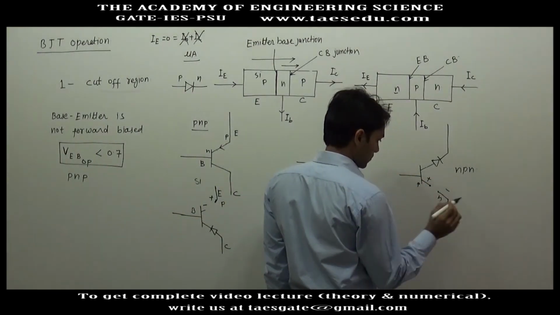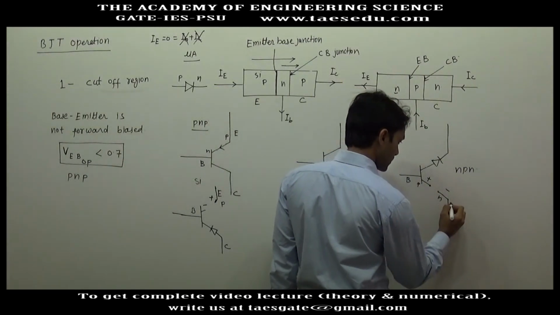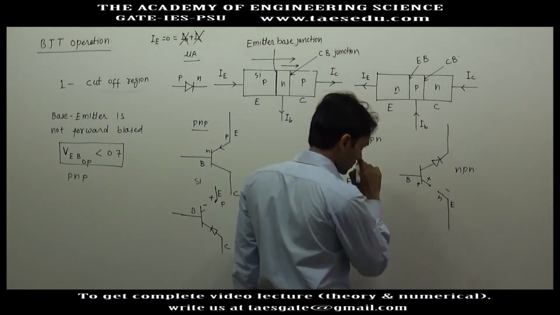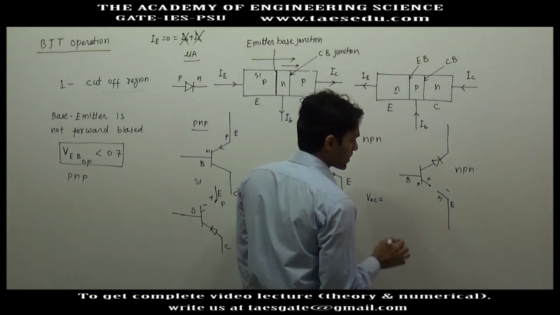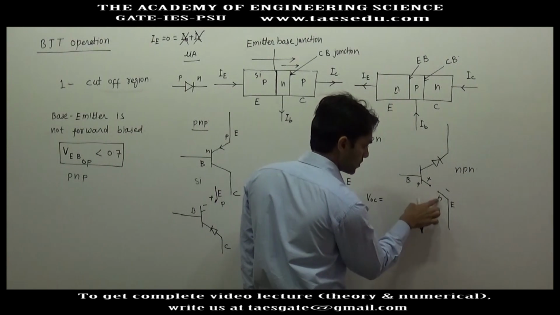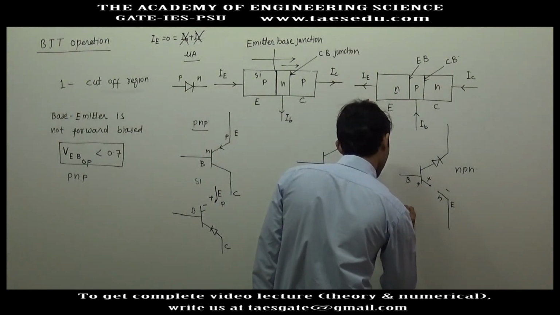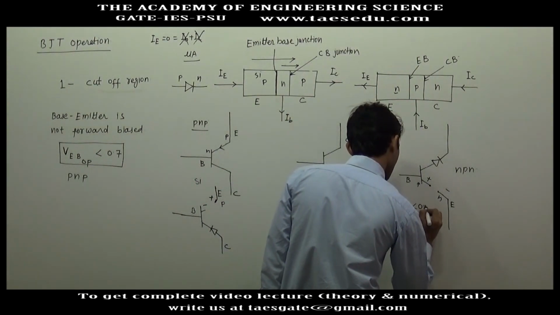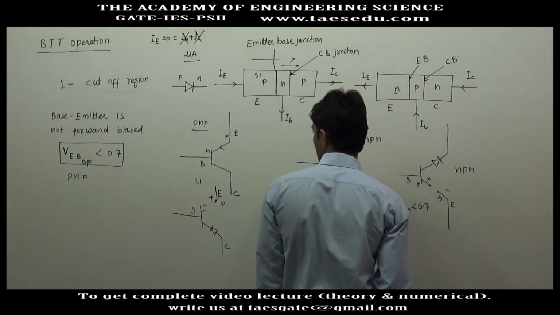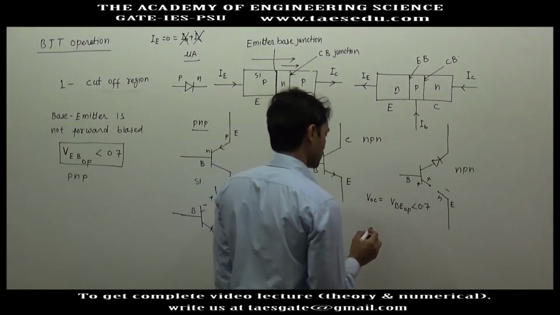Okay, so this is base, this is emitter. So what will be this voltage? The open circuit voltage across this is VBE. VBE open circuit will be less than 0.7 volt in case of cutoff region.